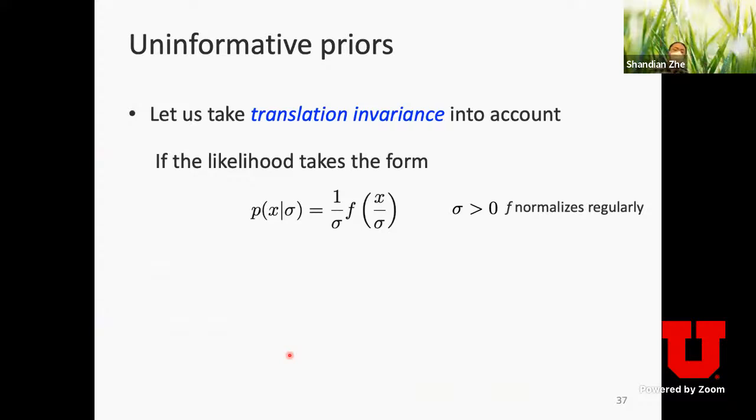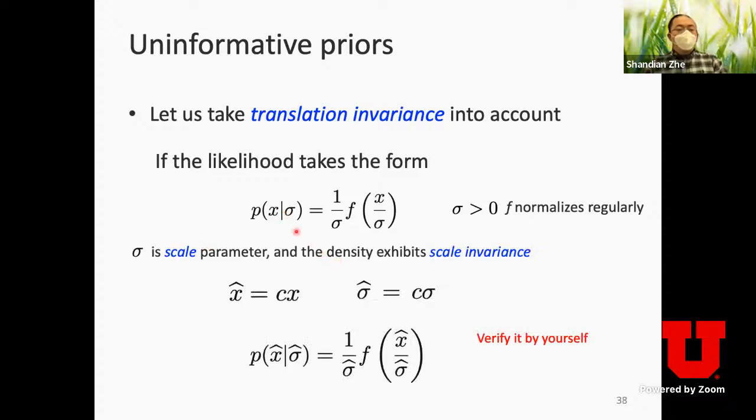And then let us look at another type of invariance, which is called scale invariance. What is scale invariance? If your likelihood takes the form of 1 over sigma times some function of x over sigma, where sigma is positive, and sigma is your latent random variable or your model parameter, then we call this likelihood scale invariant.